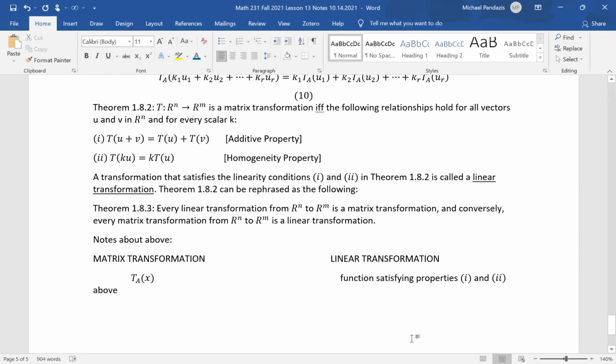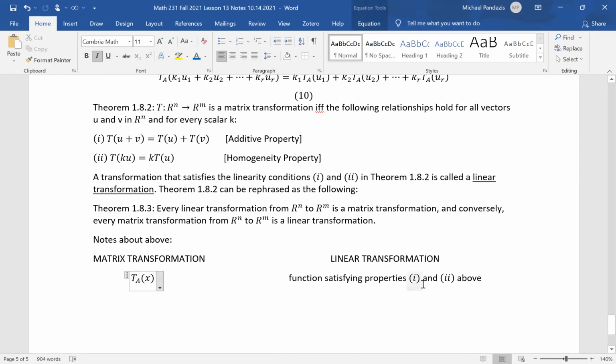So that would be a linear transformation. What theorem 1.8.2 is saying is that the relationship between matrix transformations and linear transformations is that every matrix transformation is a linear transformation, and every linear transformation is a matrix transformation.